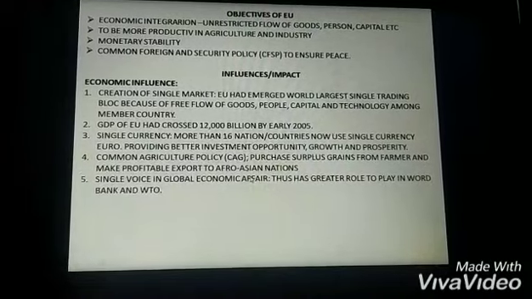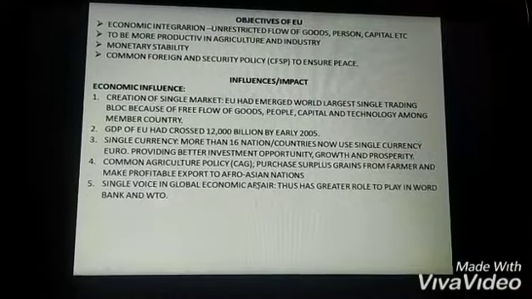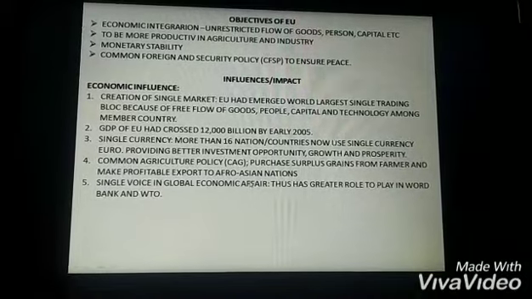So through these things, they have a very good impact on the world, especially in the World Bank and the World Trade Organization.